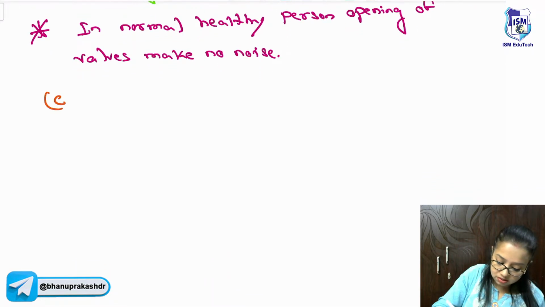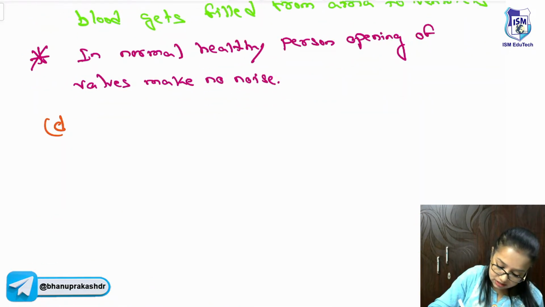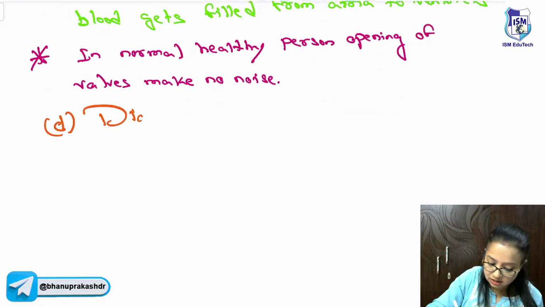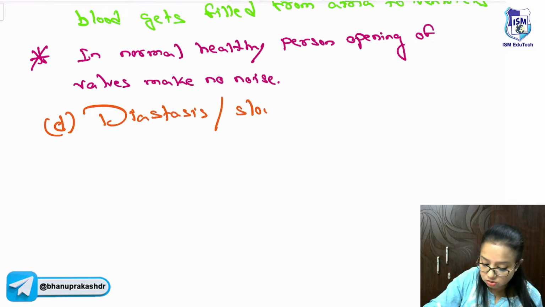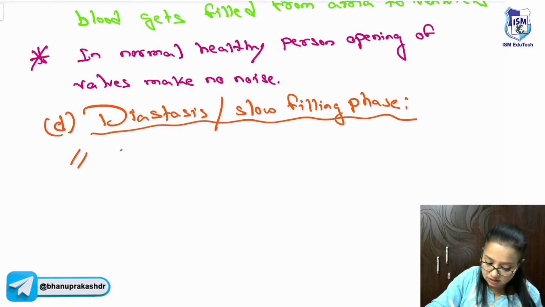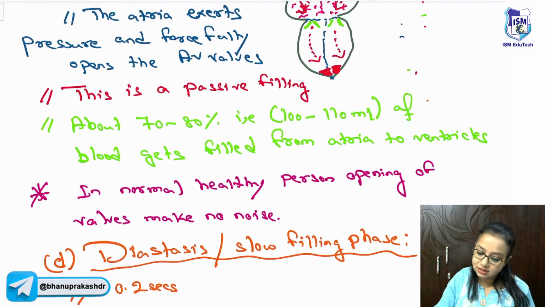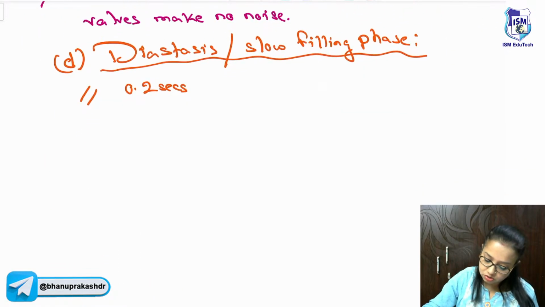Now, this was the third phase. Next is the diastasis or slow filling phase. This diastasis, or slow filling phase, is about 0.2 seconds, as we have already seen. Now here, let me draw it here, it will be easy for us to understand.